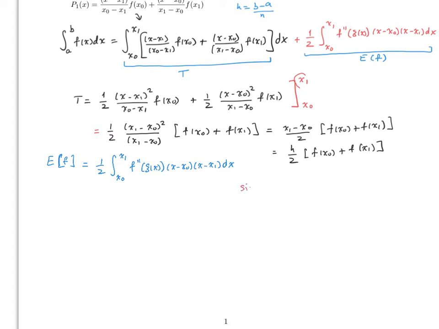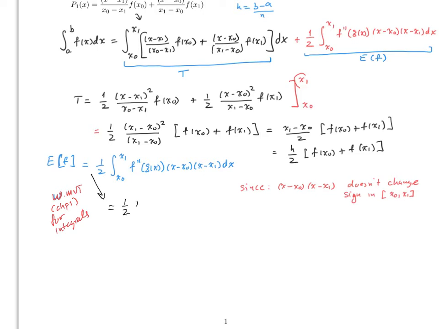Now, and this is going to be very useful in many of the proofs you do later, since x minus x0 times x minus x1 doesn't change sign in the interval x0 to x1, therefore by the weighted mean value theorem from chapter 1, so this is the mean value theorem for integrals, you can just take out the derivative.